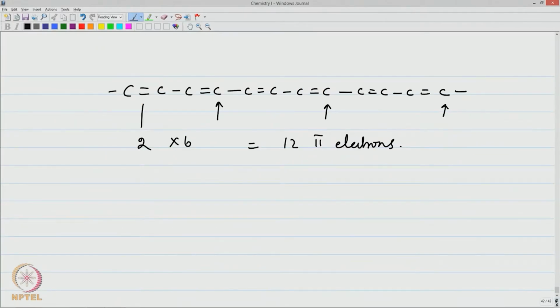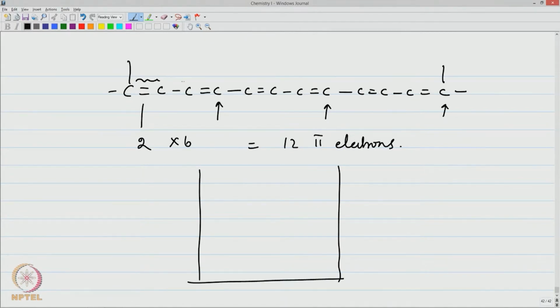So, the physical picture is, you have a box whose width is given by this distance, and you are given the average distance C double bond C, the average distance C single bond C, all of this is 1.33 angstroms.